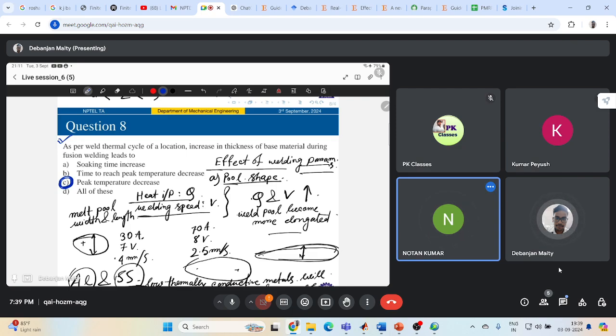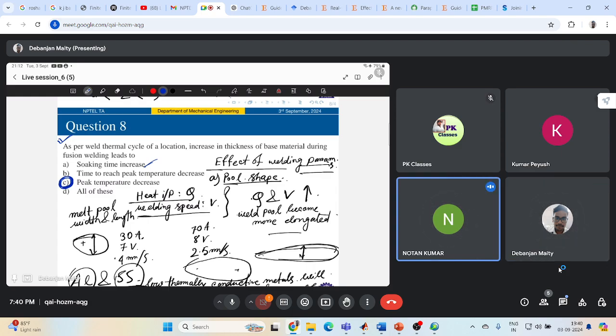So peak temperature will decrease basically. Yes, but time to reach peak temperature will also increase. But soaking time is different. Let's not confuse soaking time with the time to reach the peak temperature. So specifically for this question, yes, peak temperature will decrease. That is the correct one.